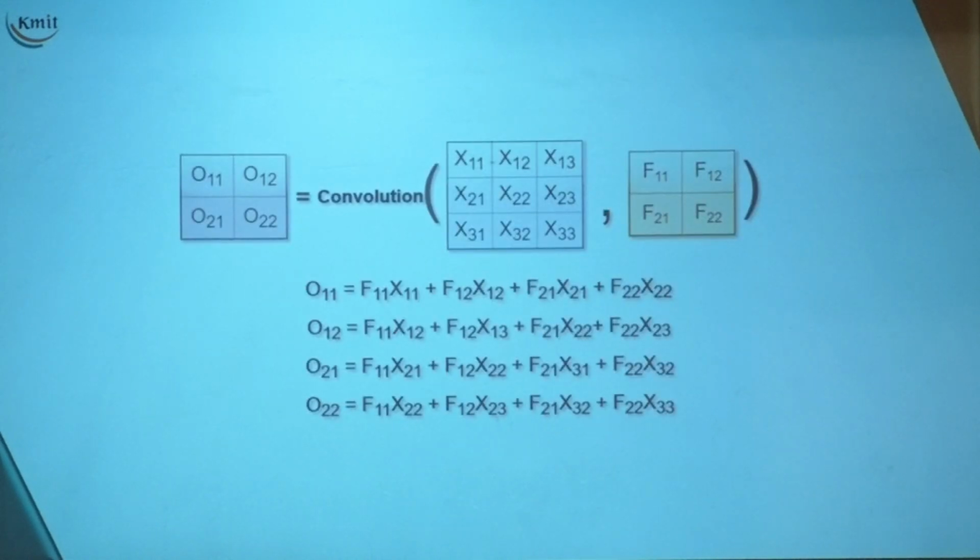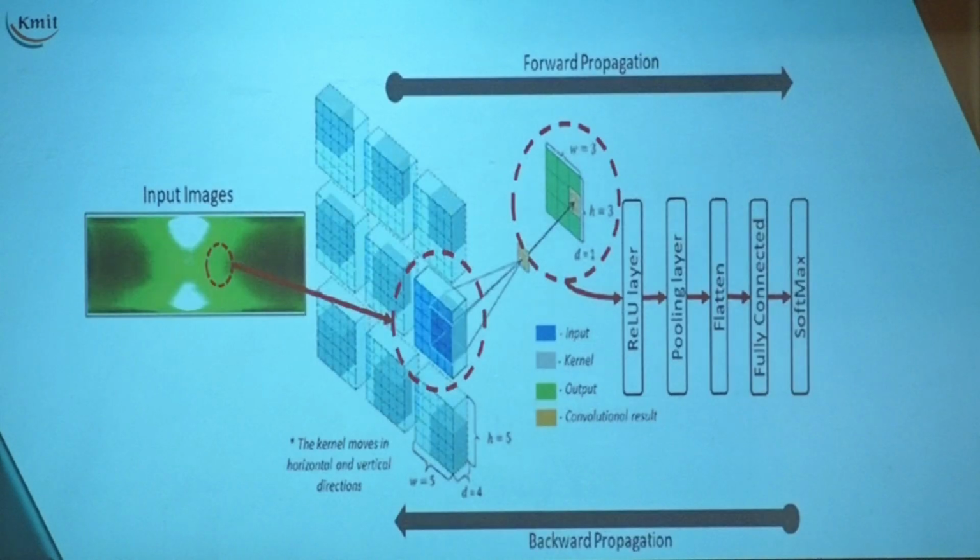So what are O11, O12, O21, O22? They are nothing but the feature map that I get after I apply my convolution. What is this particular thing? x11, x12, x13, what are these? My original image. This is nothing but this blue part, on which I apply this filter.